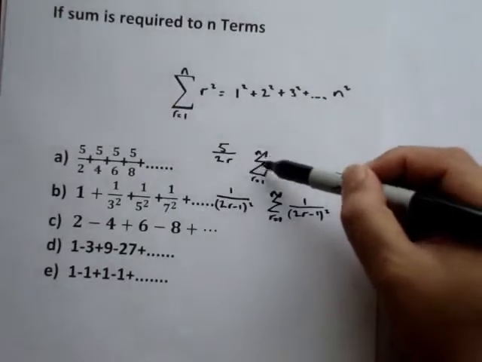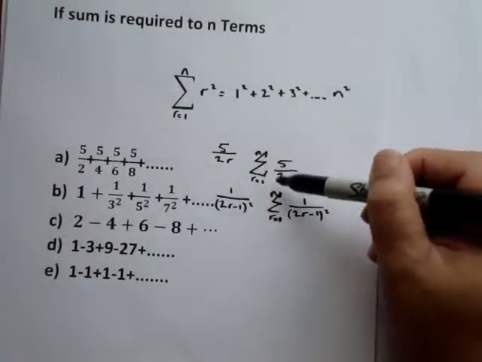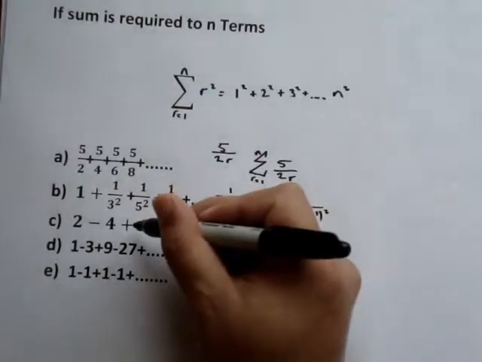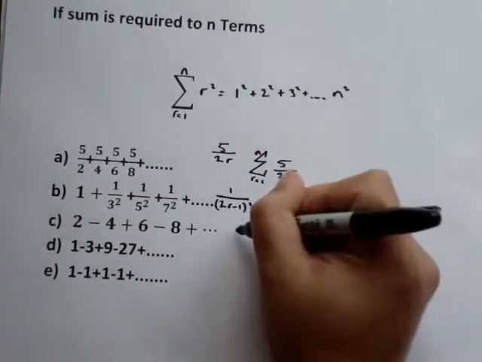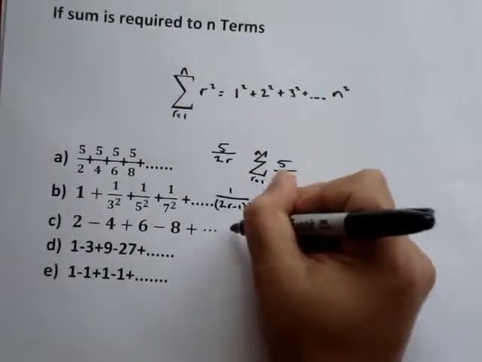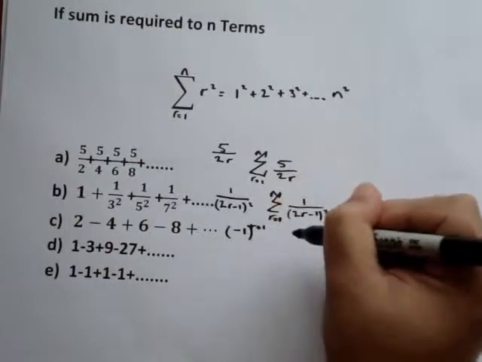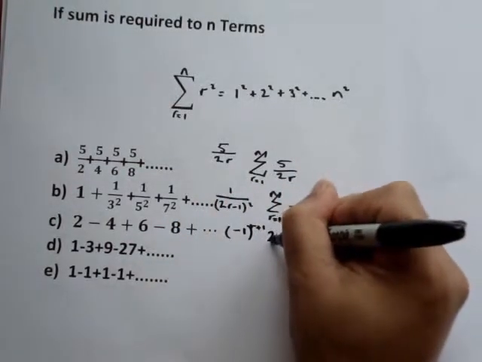So we just have the sum, or sigma, with the bottom limit and the top limit, and then our general term. So for these, I'll just write the general term, and you can work out what it looks like with the sigma notation. So the general term here, 2 minus 4 plus 6 minus 8, continues, with minus 1 to the r plus 1 because we're alternating, and then because they're even numbers, 2r.